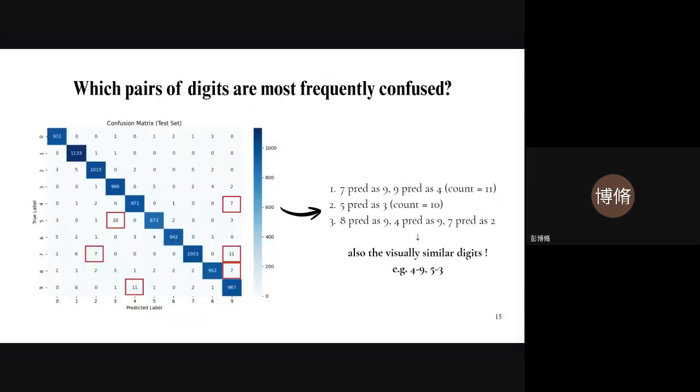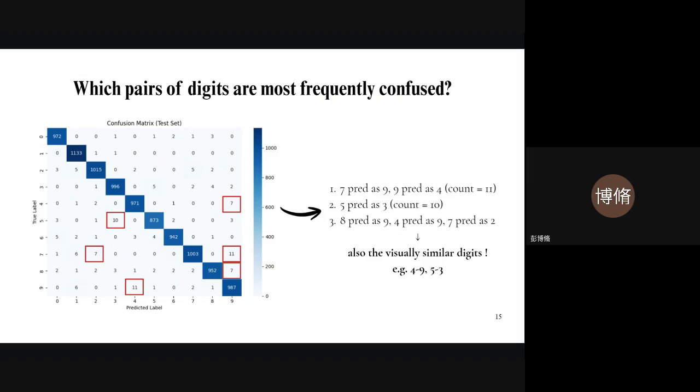This slide shows the confusion matrix of the model on the test set, which helps us understand which digit pairs are most frequently confused. Most of the values are concentrated on the diagonal, which means the model correctly classifies most test samples. So overall, the classifier performs very well.